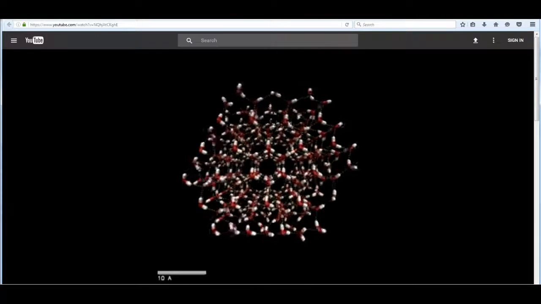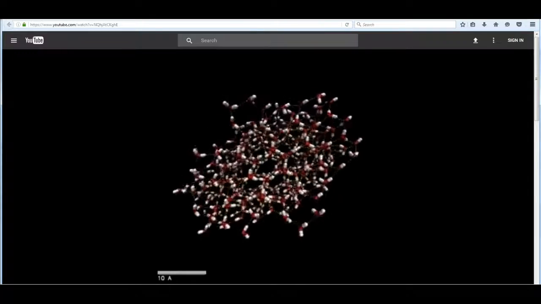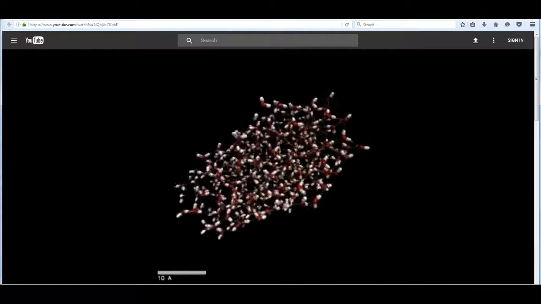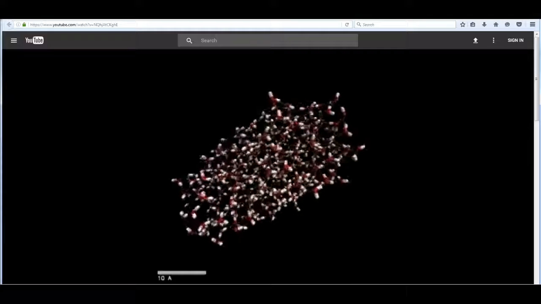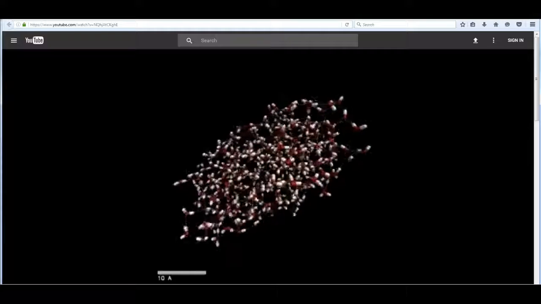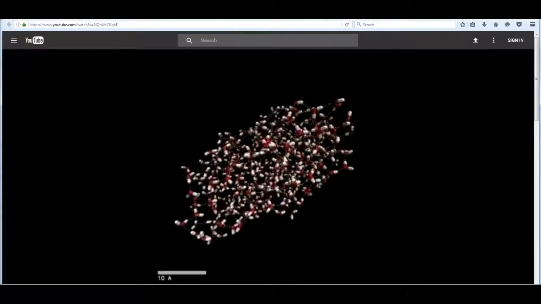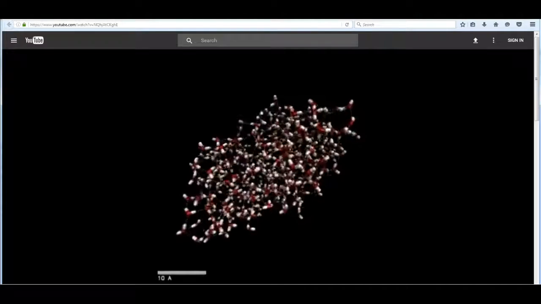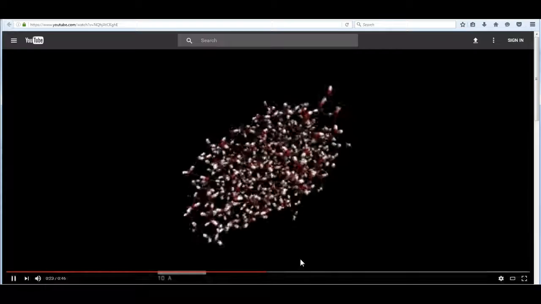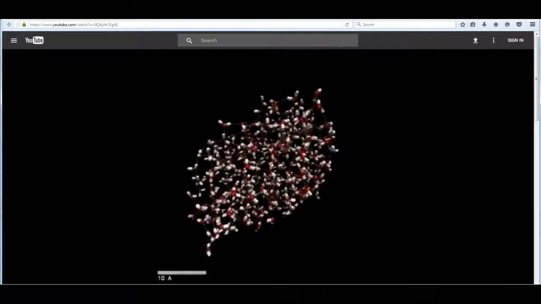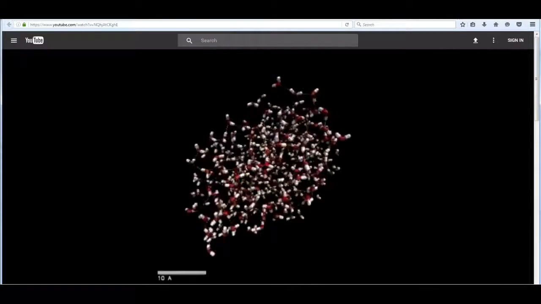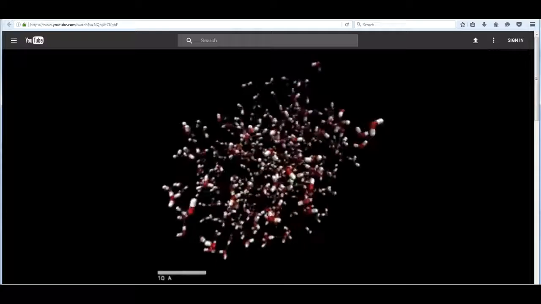Is our energy making the molecules go faster, or is it making them get farther apart? So we're still in the melting process. We have to keep watching. Are the molecules moving any faster as they melt?